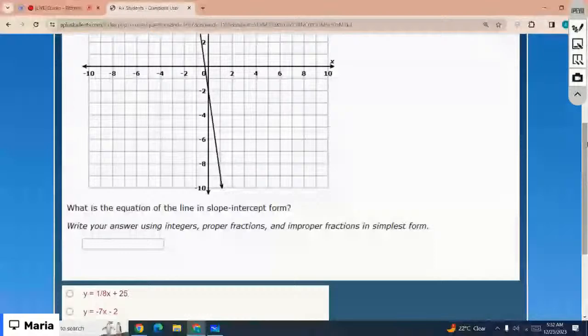The correct option is the second one, y equals negative 7x minus 2, right?